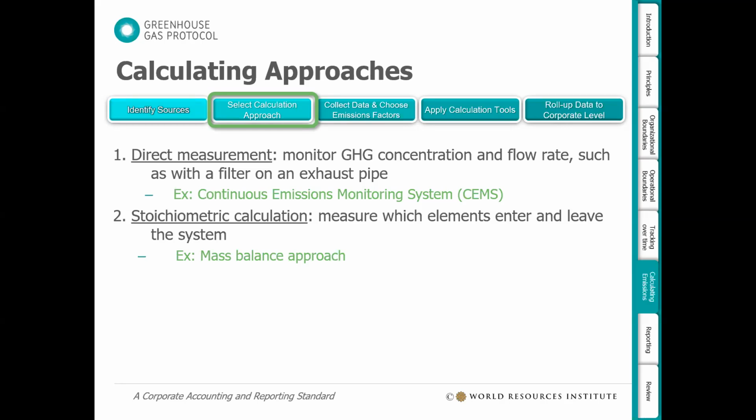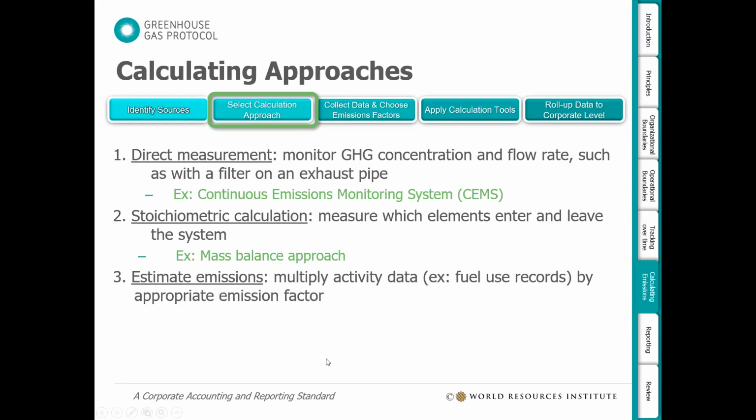One example of a stoichiometric approach, which I think I mentioned on day one, is the GHG Protocol cement tool, and a stoichiometric approach is used to calculate the CO2 emissions from cement calcination. So that's the stoichiometric approach in a nutshell.